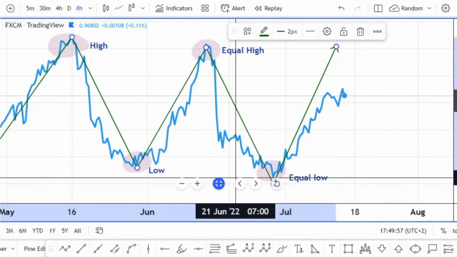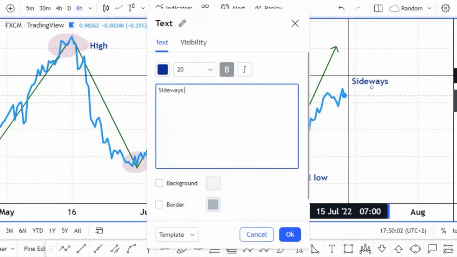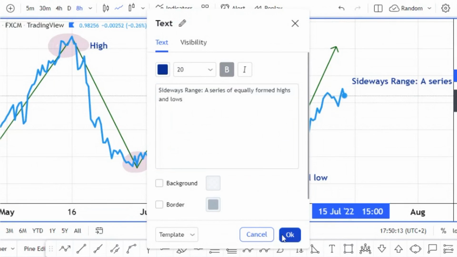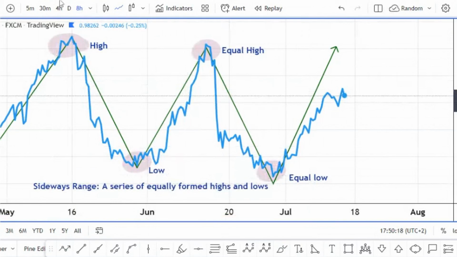It's called a sideways range: a series of equally formed highs and lows. So an uptrend is higher highs and higher lows, a downtrend is lower highs and lower lows, and the sideways range is a series of equally formed highs and lows. Those are the three types of trends.